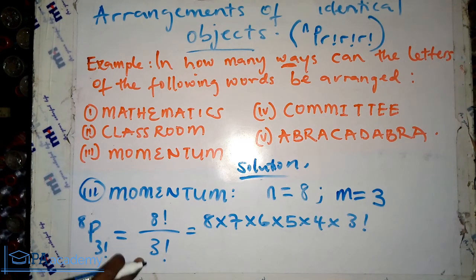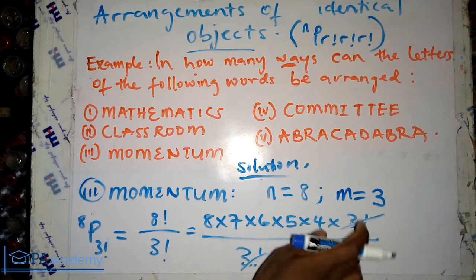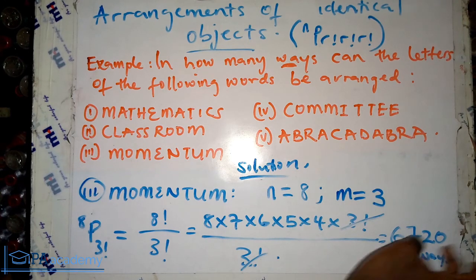So this cancels this, and we'll be left with 8 times 7 times 6 times 5 times 4. If you multiply that, we get 6,720 ways. So that means the word momentum can be arranged in 6,720 ways.